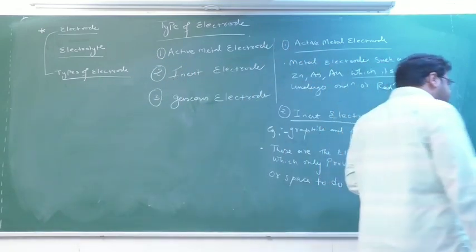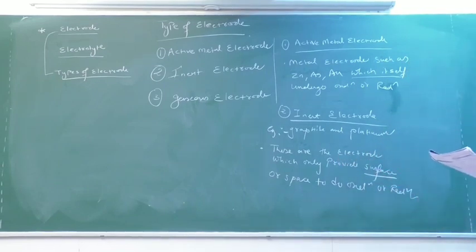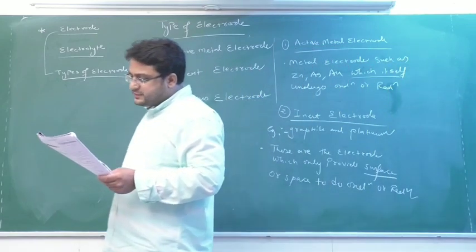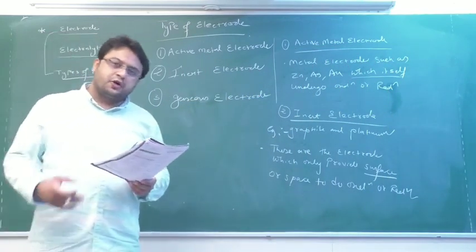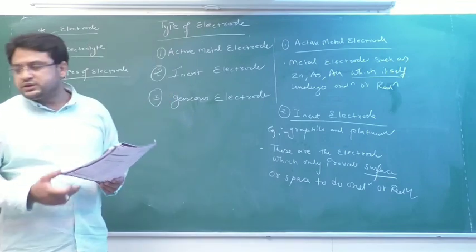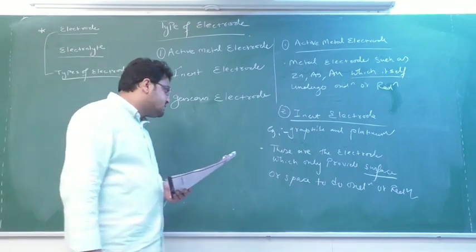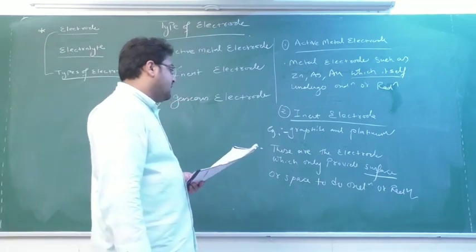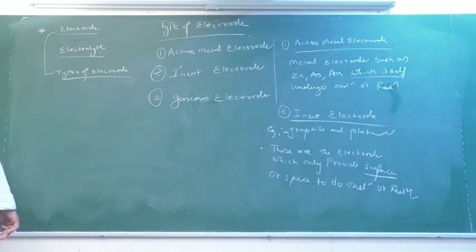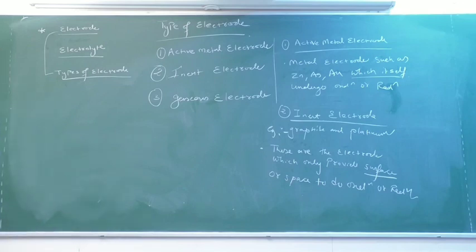They provide only a space or surface for oxidation or reduction. Thus, if they do oxidation, they act as anode. If they do reduction, they act as cathode.